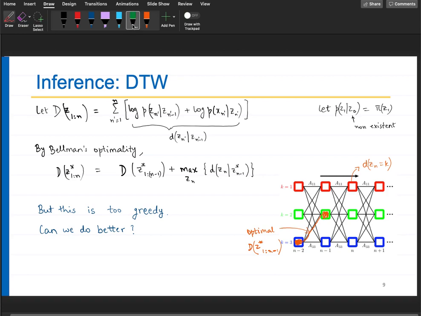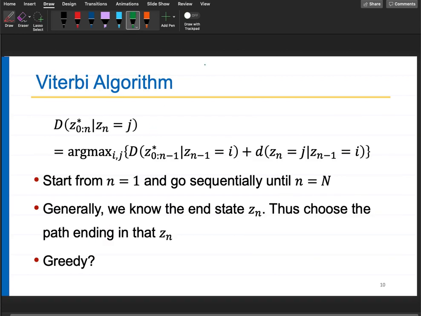Let us say the probability here is 0, here it is 1, here it is 0.5, here it is 0.5, here it is 1, here it is 0.